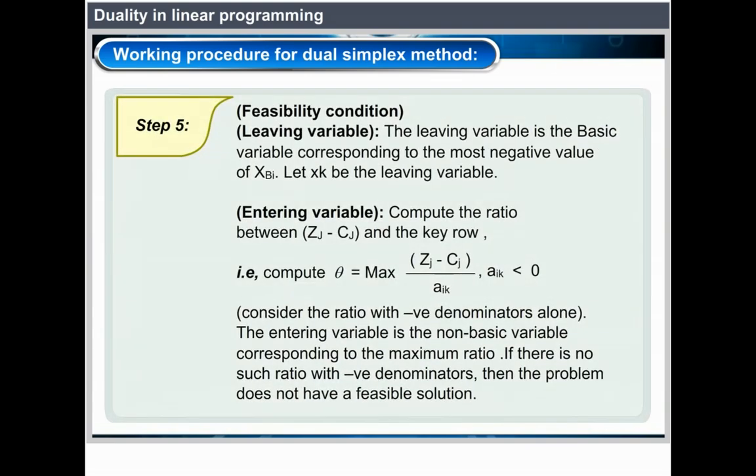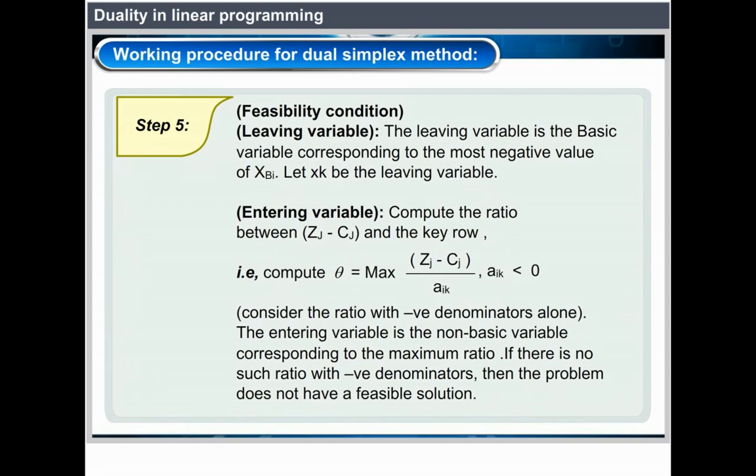Step 5. Feasibility condition. Leaving variable. The leaving variable is the basic variable corresponding to the most negative value of Xbi. Let xk be the leaving variable. Entering variable. Compute the ratio between Zj minus Cj and key row. That is, compute theta equal to maximum of Zj minus Cj divided by aik, where aik less than 0.